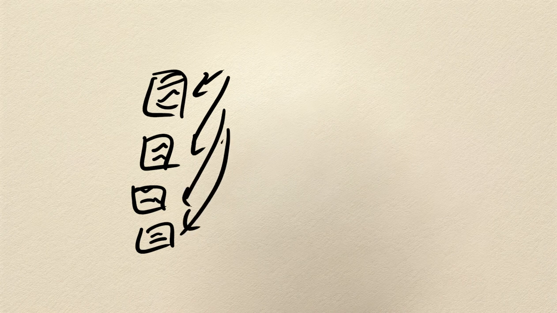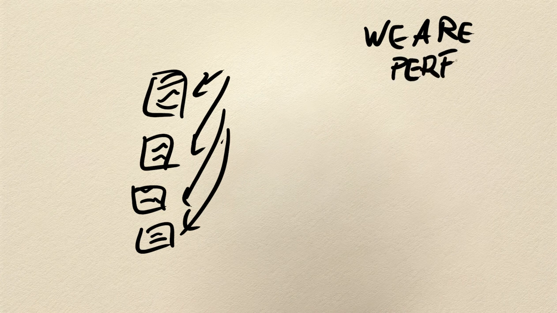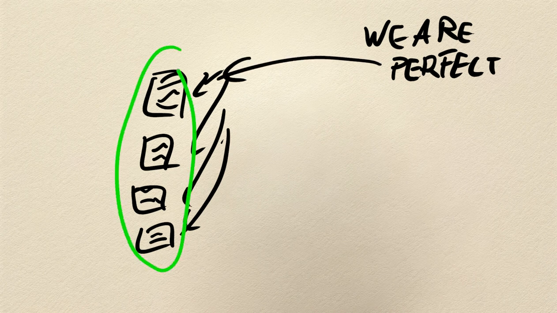So what they are saying is, all right, our off-the-shelf solution is perfect. We are perfect. And the problem is you, because this is the only thing that you can modify. And by working on that, you are going to be able to solve your problems.